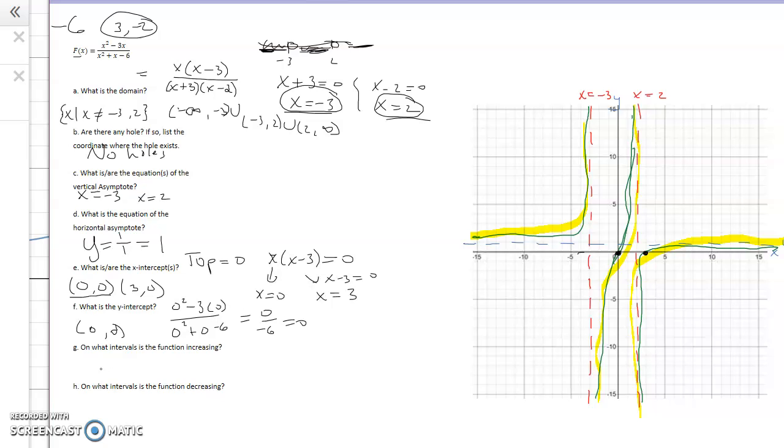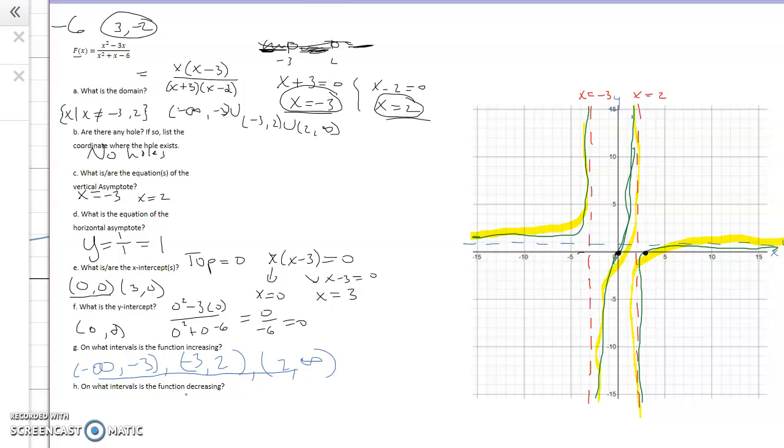It is increasing from -infinity up to this vertical asymptote at -3. Then it's also increasing from -3 to +2. And it's increasing from the other side of 2 all the way out to infinity, basically what my domain was doing. So all of these points are increasing.